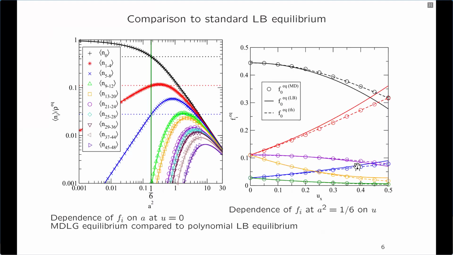So we see here at u equals 0, exactly the graph that you just saw. And one thing that's very encouraging is because we all know lattice Boltzmann, we know our loved weights, which are these black, red, and blue lines drawn across. Those are the weights. And it turns out that there is this one a squared value, which is the lattice spacing over mean square displacement of 1/6.